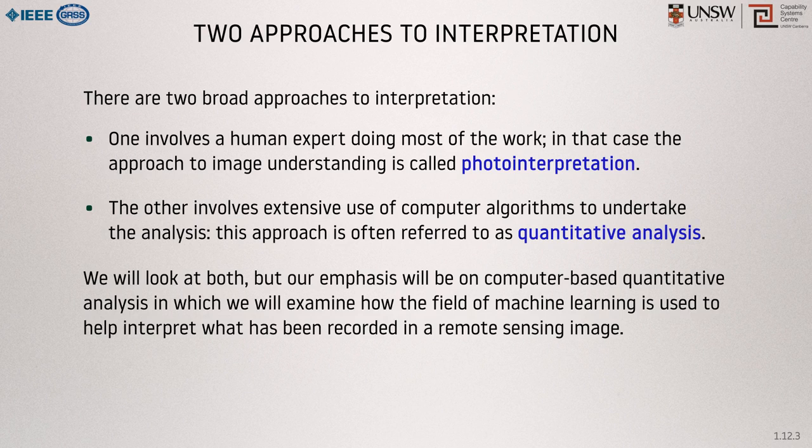More recently, artificial intelligence methods have been contemplated for remote sensing image analysis. We will say something about that later in our course. We will now examine both photo interpretation and quantitative analysis in general terms, but the major emphasis of the remainder of this course is on the computer approach.